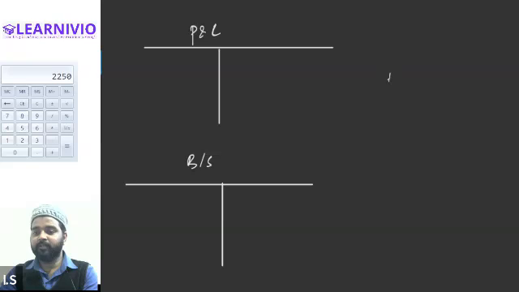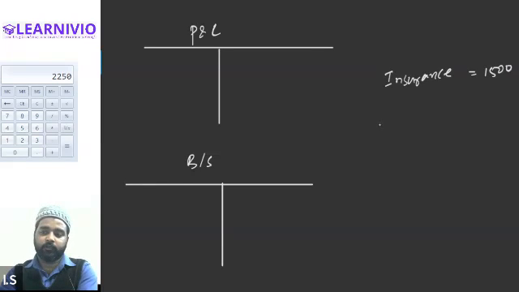In the trial balance, insurance of 1500 is already given, and in the adjustment entry, it is given that in the total amount of insurance, an insurance premium of rupees 250 that has been paid on advance basis is also included in this particular amount.